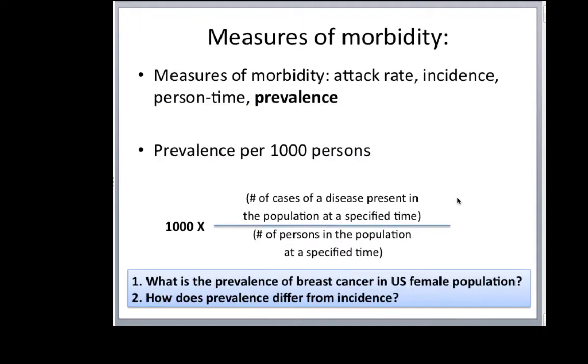And then to contrast that, there's prevalence. Now, prevalence is not taking into account the number of new cases. It's taking a look at all the cases that exist in a population and dividing that by the total number of people at risk of that disease in that population. All right?